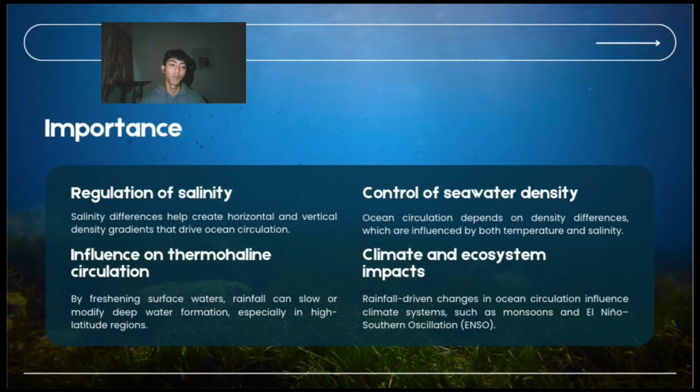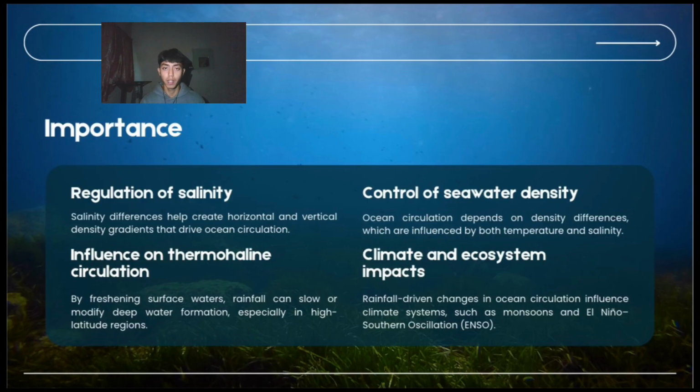There are four importances of rainfall to ocean circulation. Firstly, regulation of salinity. Salinity differences help create horizontal and vertical density gradients that drive ocean circulation. Second, control of seawater density.